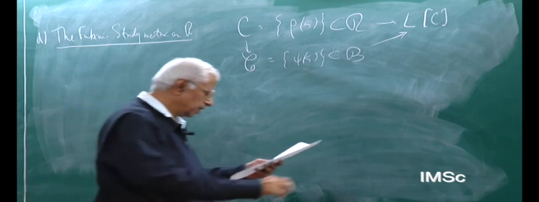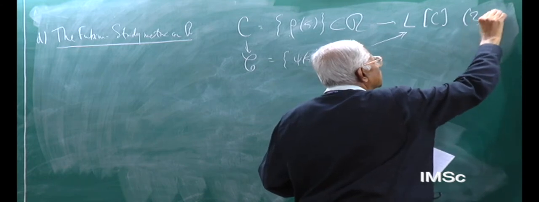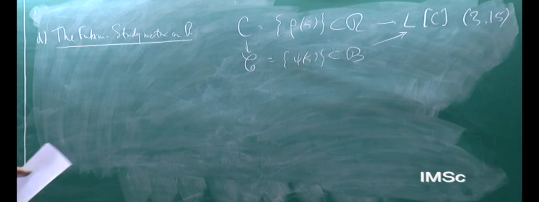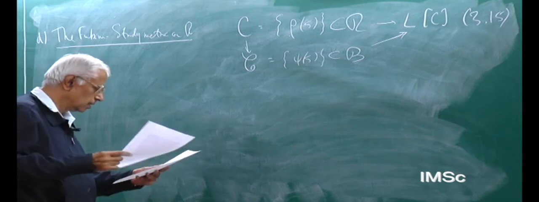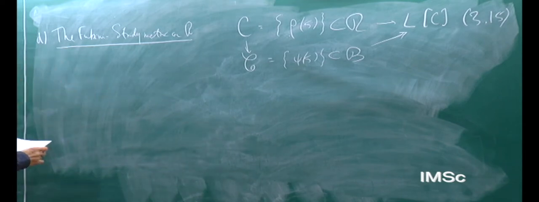This expression was in equation 3.15 in the notes. Now, if you look at the expression for the length of a curve, maybe I can modify this diagram. Well, let us see. When I need to, I will do that.